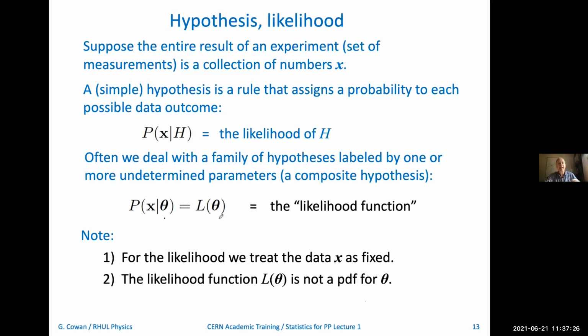So for the likelihood, we treat the data as fixed. Note, however, that this likelihood function is not a probability density for the parameter. It's different. It is a probability, but it's a probability for the data, not for the parameter. All right, so that's the likelihood and the likelihood function.